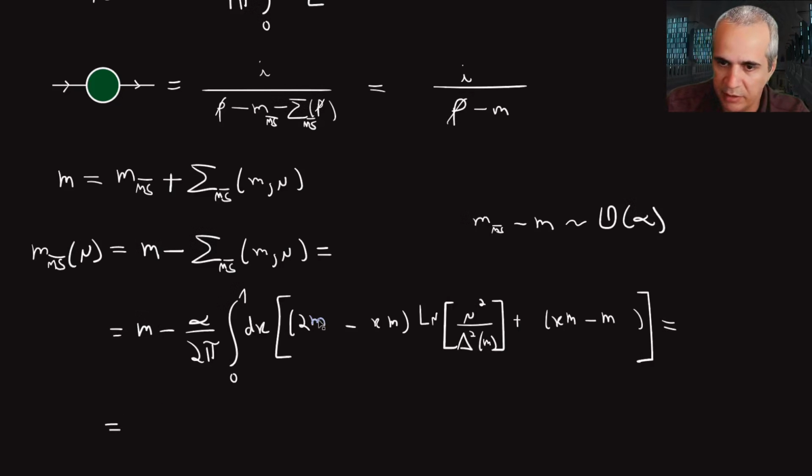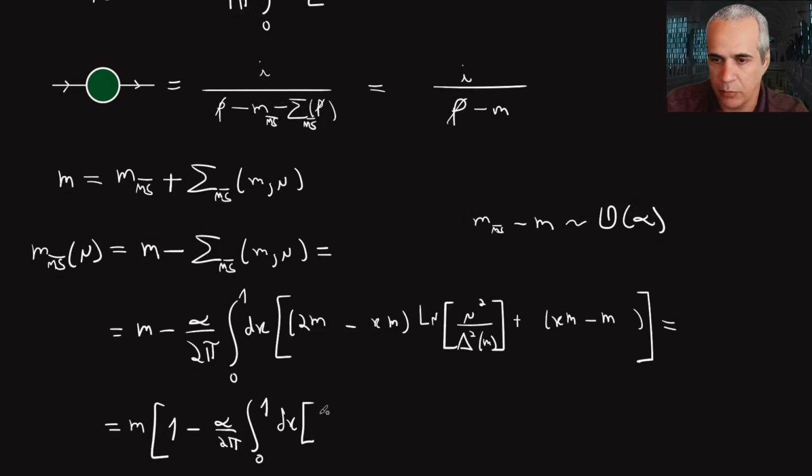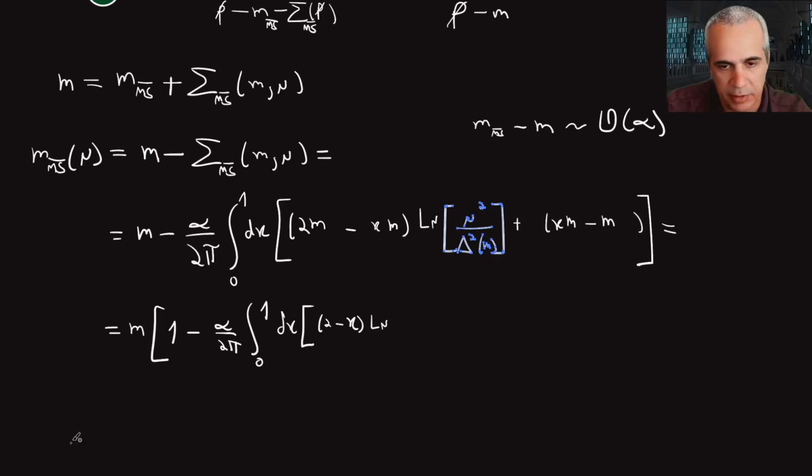There's a factor m that I can bring to the front everywhere here and write this as m is equal to 1 minus alpha over 2 pi, because I remove this factor, right? Integral from 0 to 1 dx of 2 minus x log of this, and this thing becomes delta square.